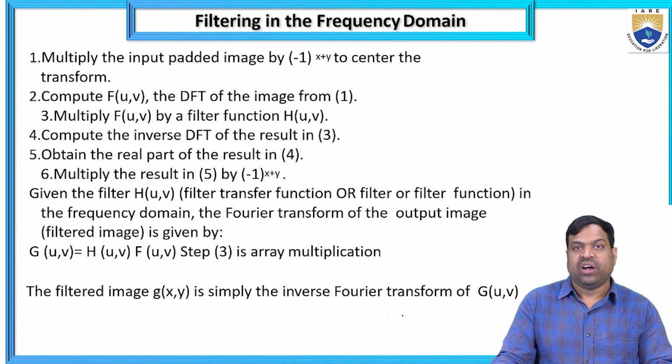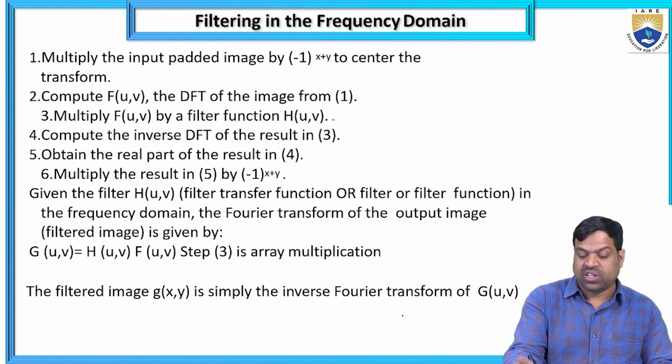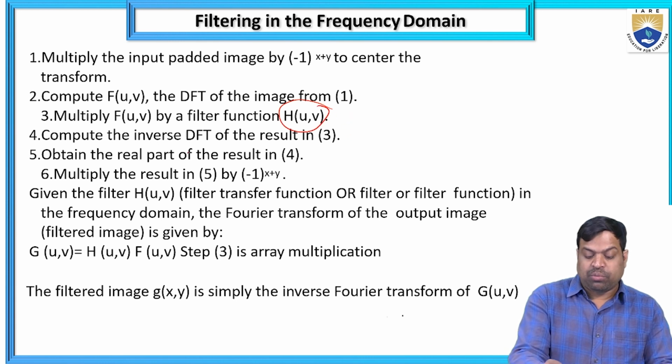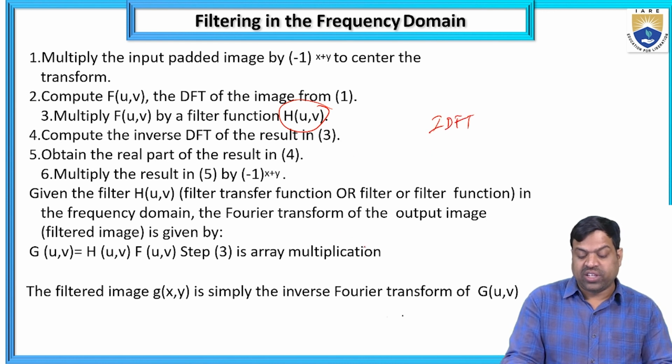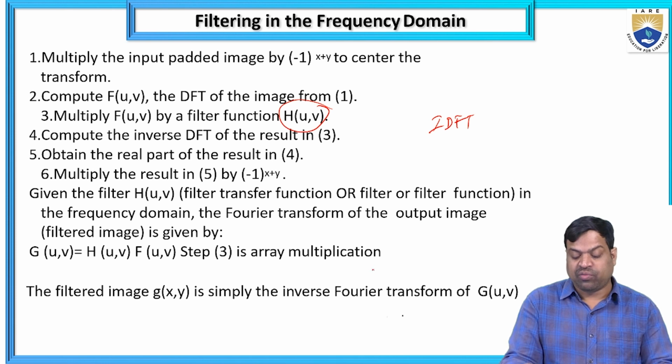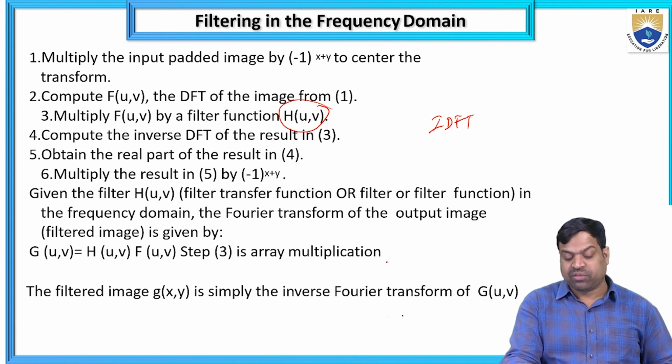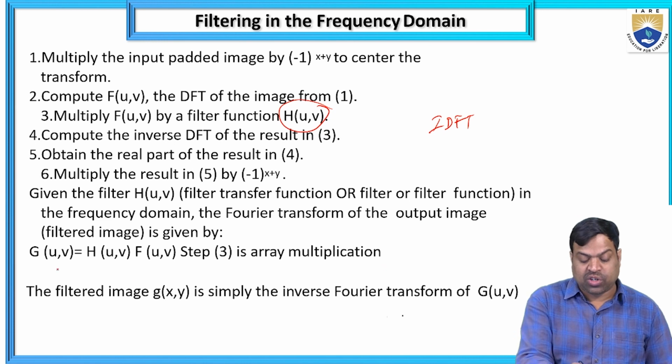Then multiply capital F of u comma v by the filter function H of u comma v, and compute the inverse IDFT. Obtain the real part of the result and multiply it by minus 1 to the power x plus y. Here capital H of u comma v is the filter transform function, and G of u comma v equals H of u comma v times F of u comma v.